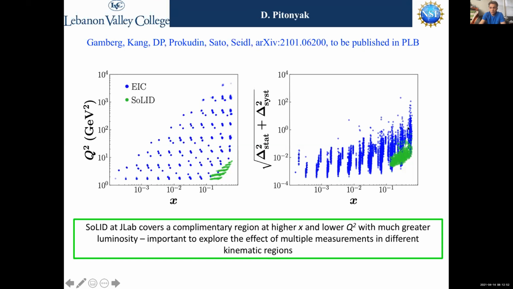In this plot here, you see the projected errors. Jefferson Lab will have higher luminosity, and therefore, on average, the errors are smaller for SoLID, but SoLID, of course, is not covering such a large region of x and Q squared.